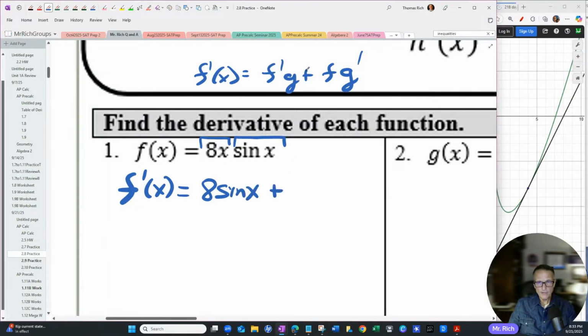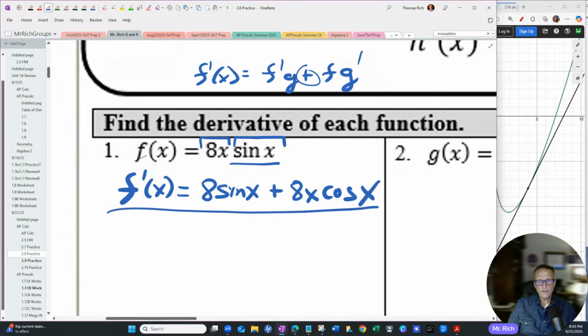Then there's a plus sign as a part of the formula. Then I'm going to put the first function, 8x, multiplied by the derivative of the second function. And the derivative of sine is the cosine function. And so this becomes here, students, the derivative of that function using the product rule.